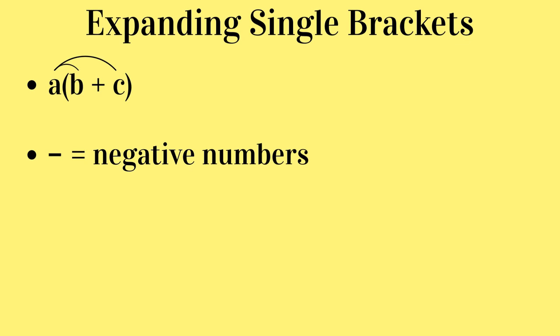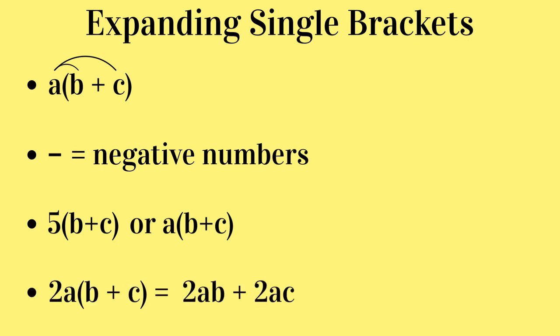The term outside of the brackets can be either a number or a variable. When variables are multiplied by coefficients, we need to remember to use both the variable and the coefficient when multiplying out brackets.